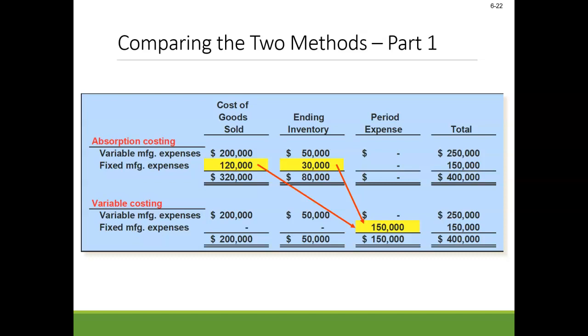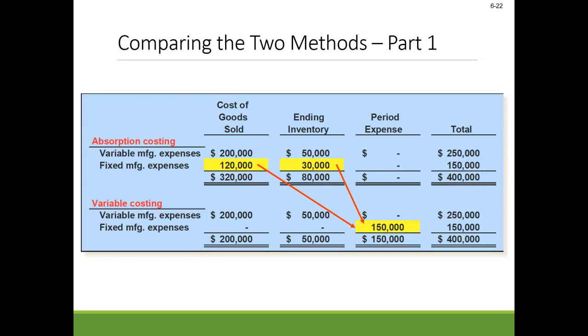So we've got $150,000 of fixed manufacturing expenses that are earmarked, 120 of it in the income statement, 30 of it in the balance sheet because those goods hadn't sold yet.